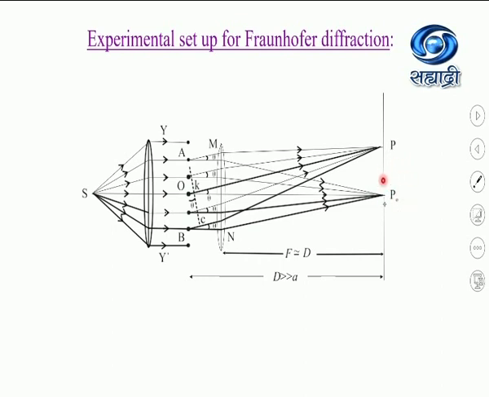This is also called the central maximum of the diffraction pattern. So we have seen the location of the central maximum at point P0 on the screen. Let us obtain the locations of different bright and dark fringes on the screen, or let us see the locations of different maxima and minima obtained in the diffraction pattern.